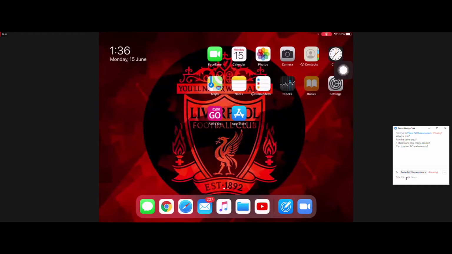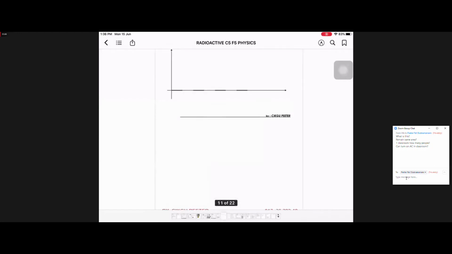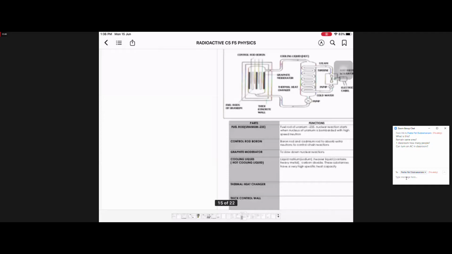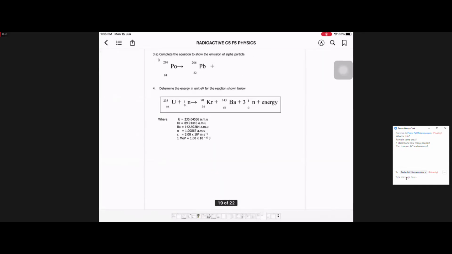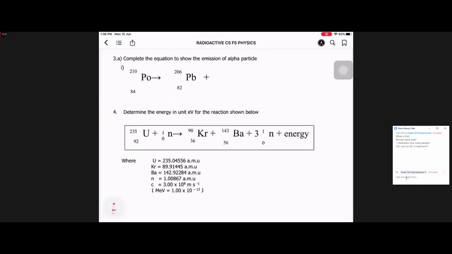Okay, so today we look at radioactive decay, right? Complete the equation to show the emission of alpha particle.